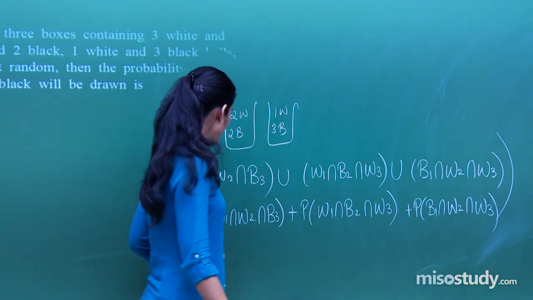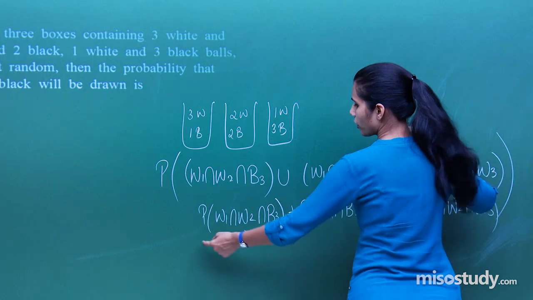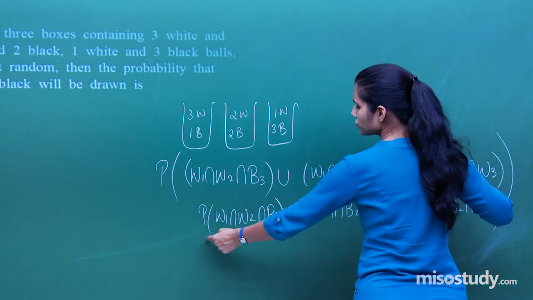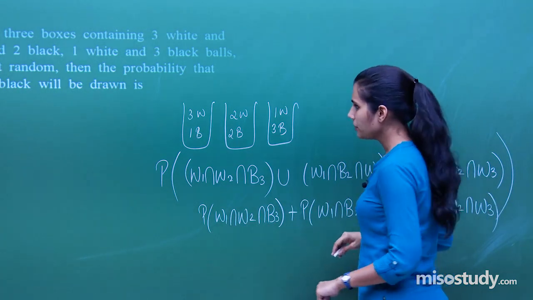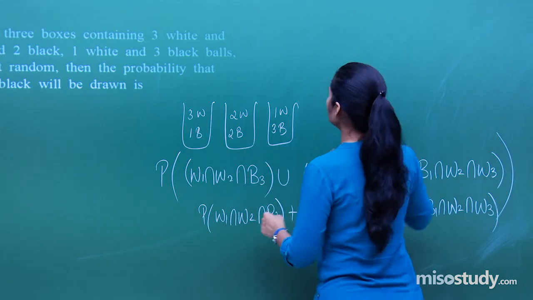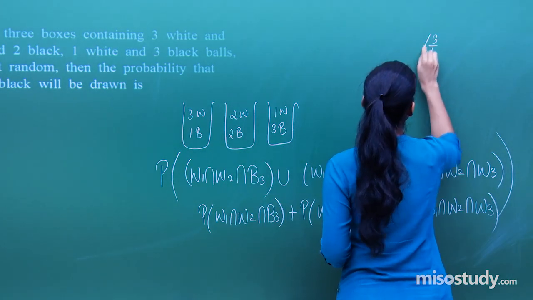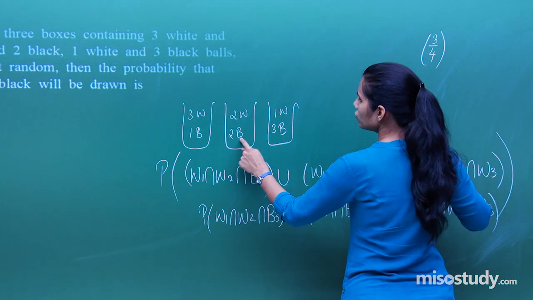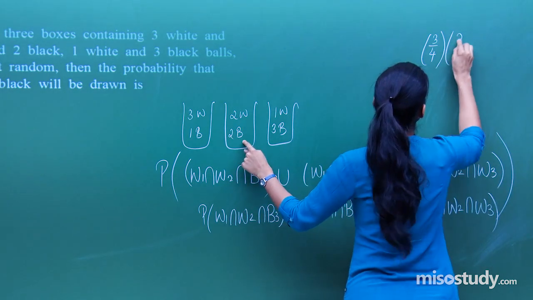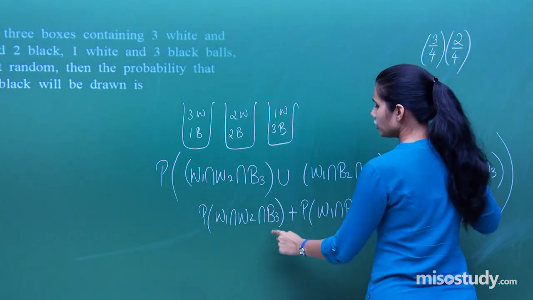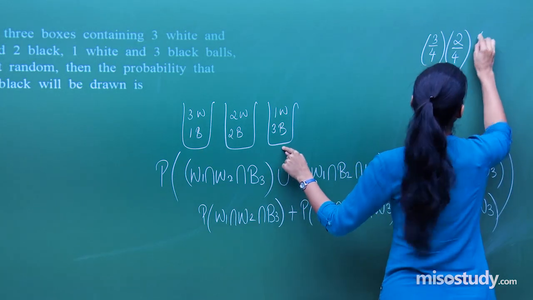Right? Now again they are independent events, so this will be probability of W1 into probability of W2 into probability of B3. What is probability of W1? Probability of W1 is 3 by 4. Probability of W2 is 2 by 4. And probability of B3 is 3 by 4.